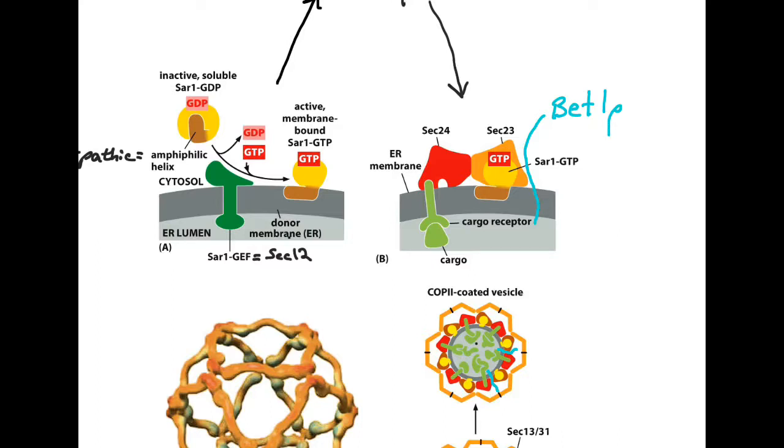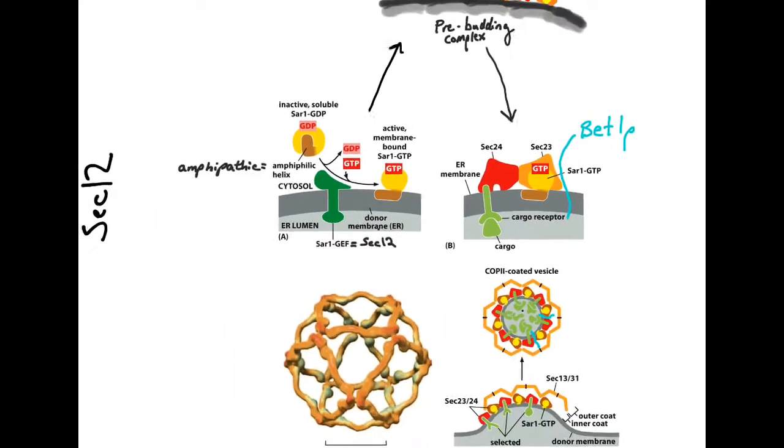One thing that's not mentioned on this diagram is that the Sec23, Sec24 pre-budding complex also recruits this light blue thing that we identified previously. That's the V-snare. In particular, it's the V-snare BET1P that is associated with the COP2 vesicles, and we'll deal with that in the next panel.